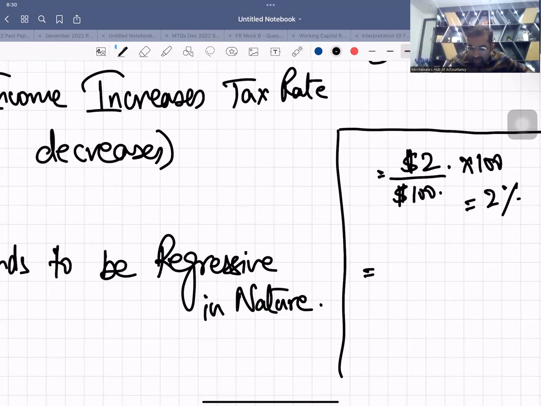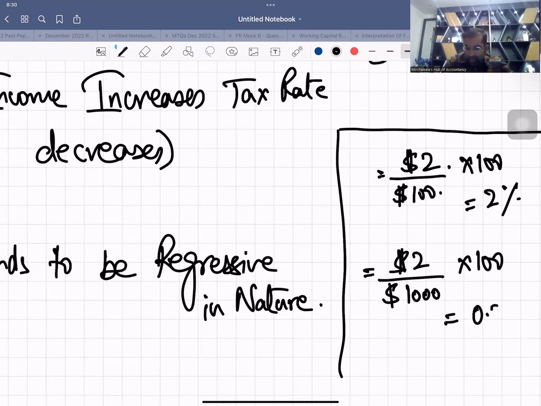Now there is a rich man, he's earning $1,000. If this rich man goes to drink the Pepsi, he also has to pay $2 because the GST is fixed. Now what is the percentage? It will become like 0.2%.